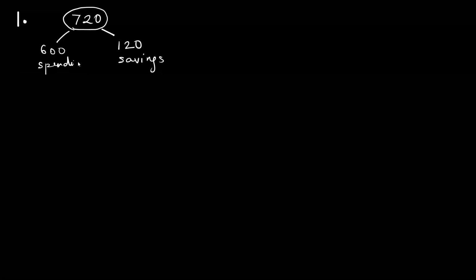Okay. So tell me something. If Alka earns, let us say 720 rupees from her office, and she is saving 120, how much is she spending? 720 minus 120, which is 600.